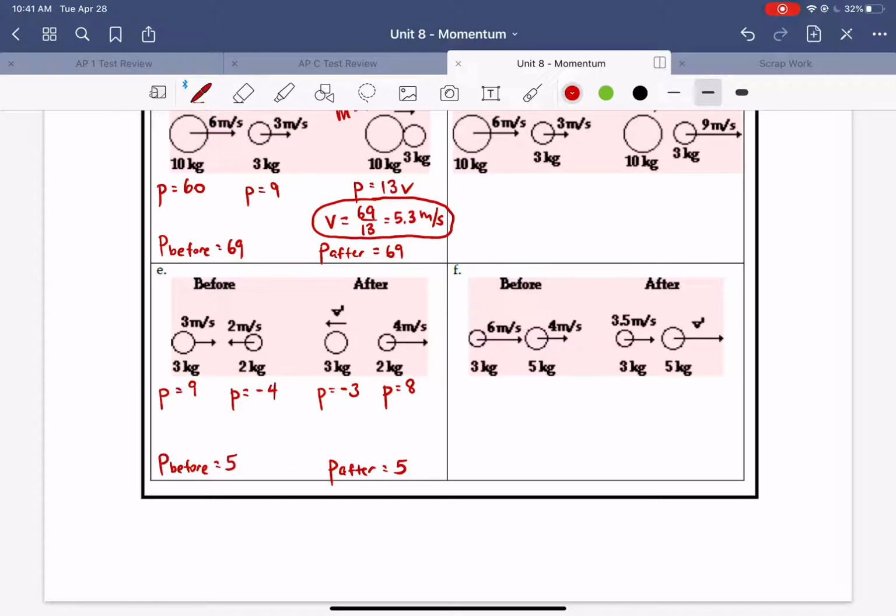Okay, so the momentum of this object is -3, which means it goes to the left, which is what the picture shows. That's also equal to the mass, which is 3, multiplied by the velocity. So 3 times v equals -3. That means the velocity must be -1 meters per second.